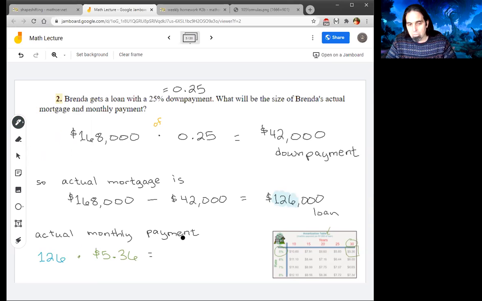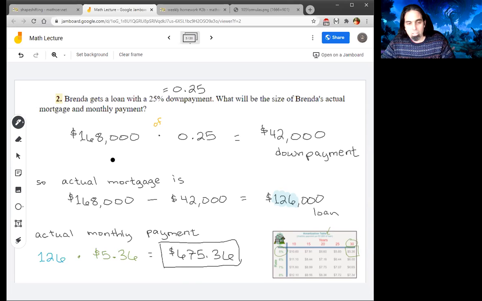So 675.36. So that's good. She has an extra about $224 each month under budget.